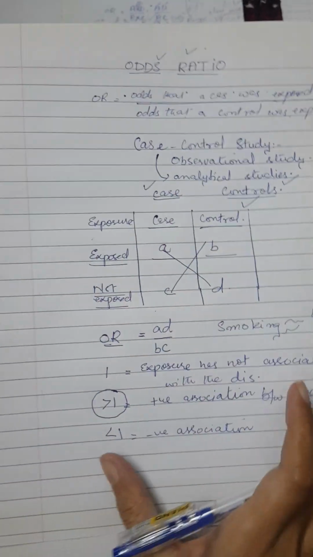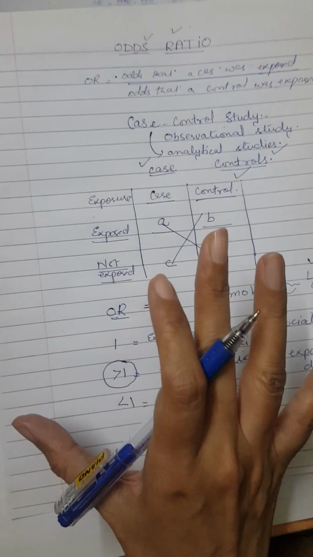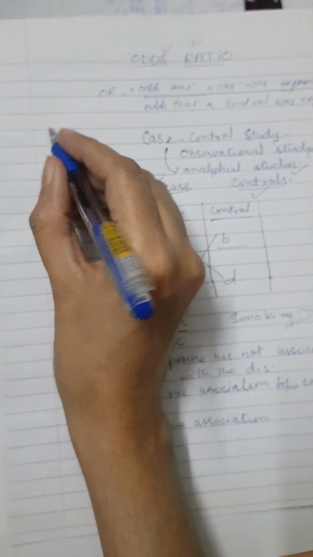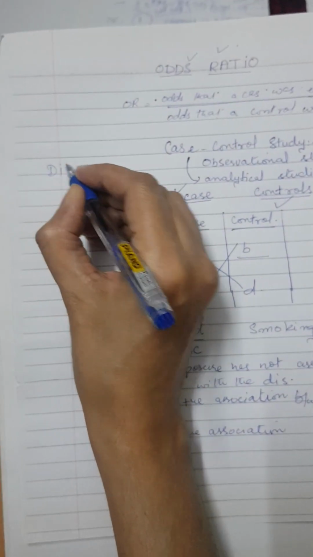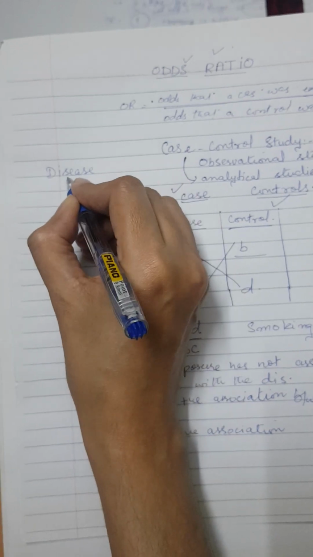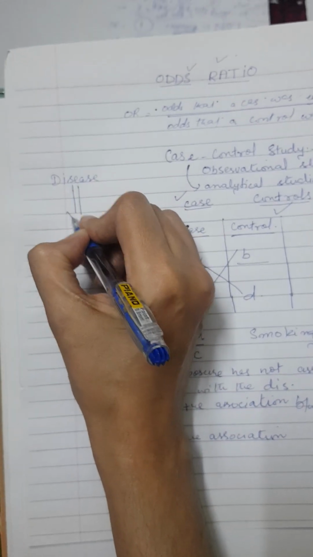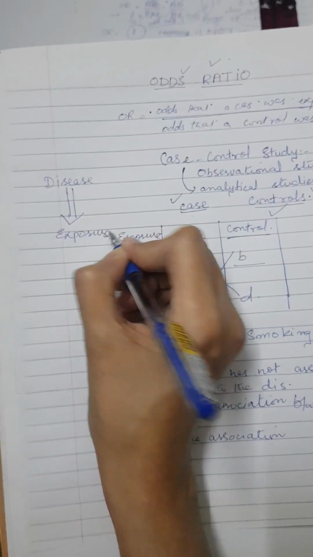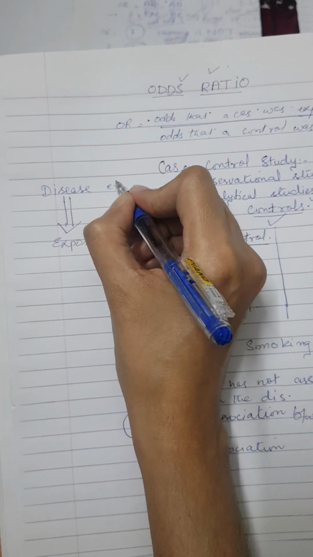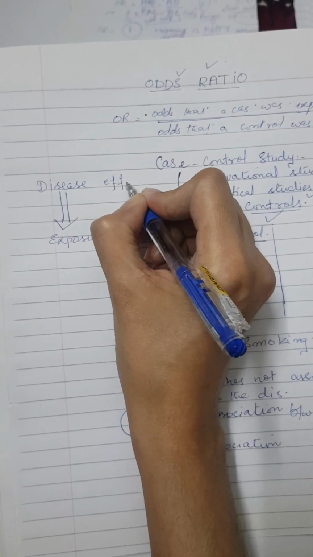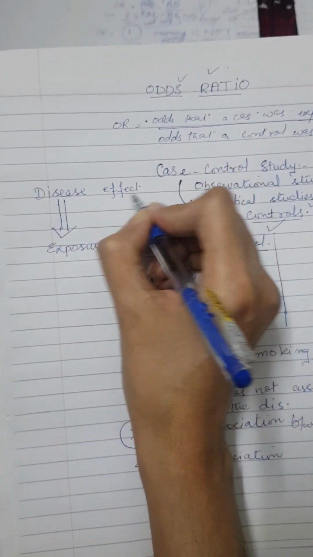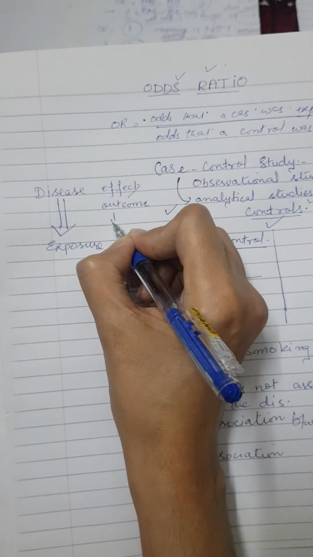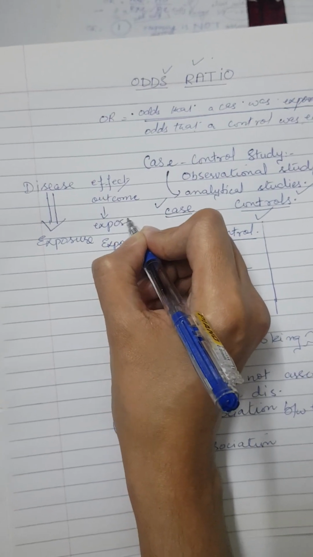So, what is case control study? Here we should also revise what is a case control study. Always remember, case control study is from disease to exposure, or we can also say it is from effect, or outcome, to exposure.